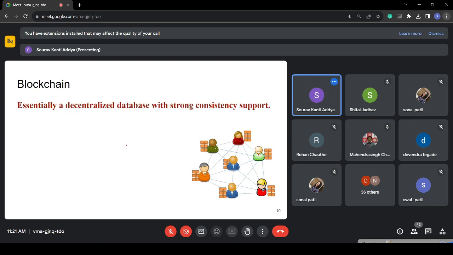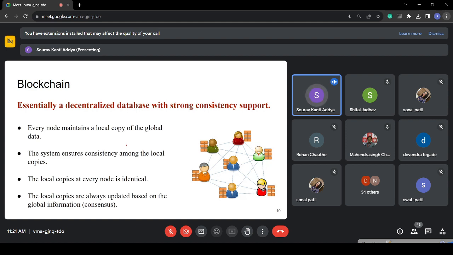Now, it is essentially a decentralized database with strong consistency support. Every node maintains a local copy of the blockchain data, or global data. So whatever global data we have, every node wants to maintain its local copy.